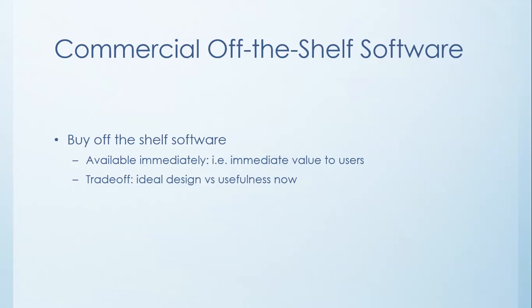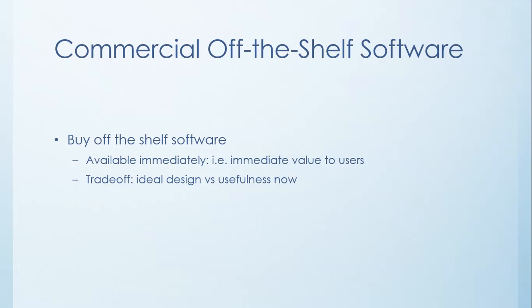The next thing you want to consider when choosing to make software is whether or not you want to buy software off the shelf instead. Off-the-shelf software will rarely satisfy all your needs, but consider the following. Off-the-shelf software is available immediately.